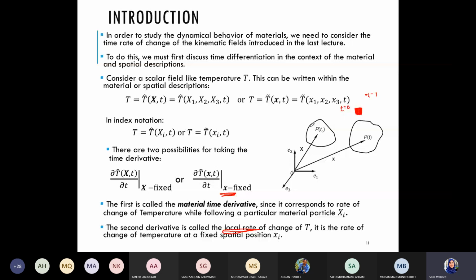Please notice very carefully here, this is important to clarify. This is not saying that I'm just looking at the temperature at the original time or original position.